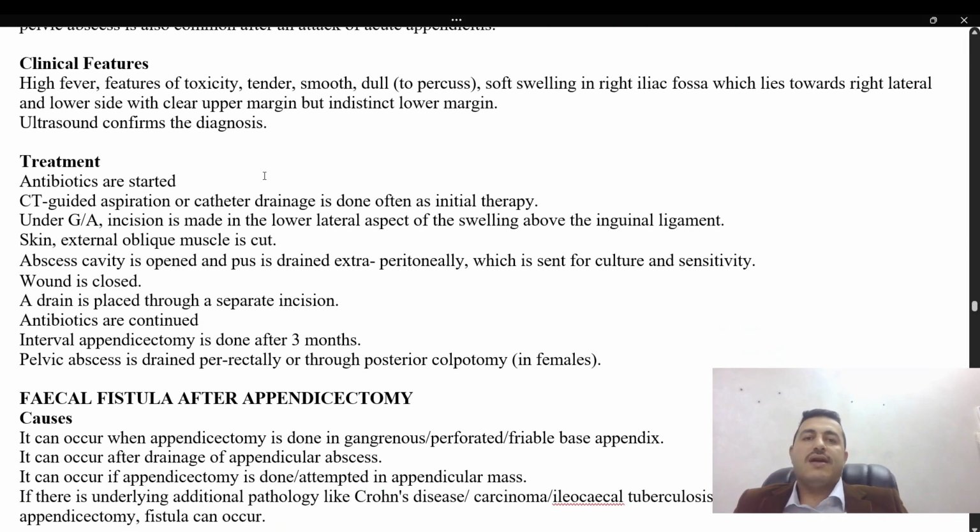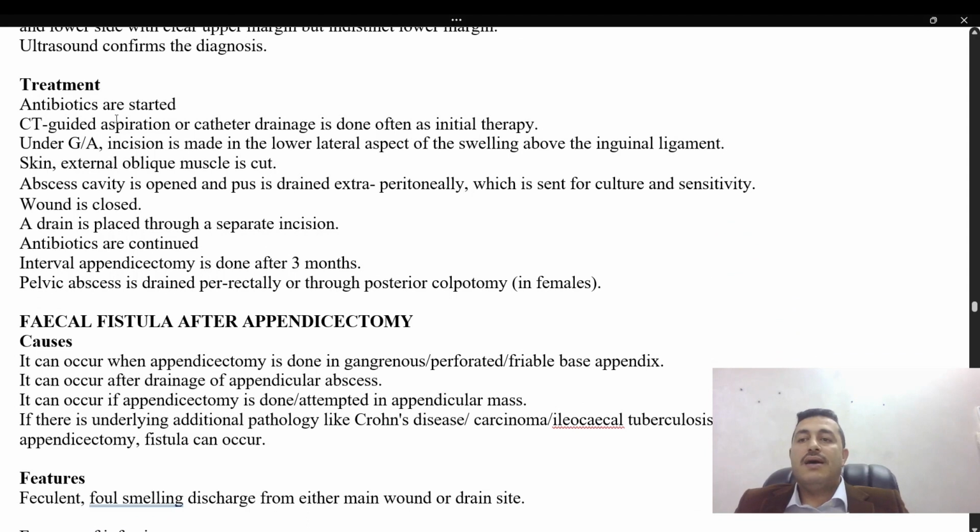The clinical features of abscess: fever, toxicity, tenderness, etc. The treatment here is minimally invasive, with CT-guided or ultrasound-guided drainage, and after the symptoms subside, we proceed further with our investigations.